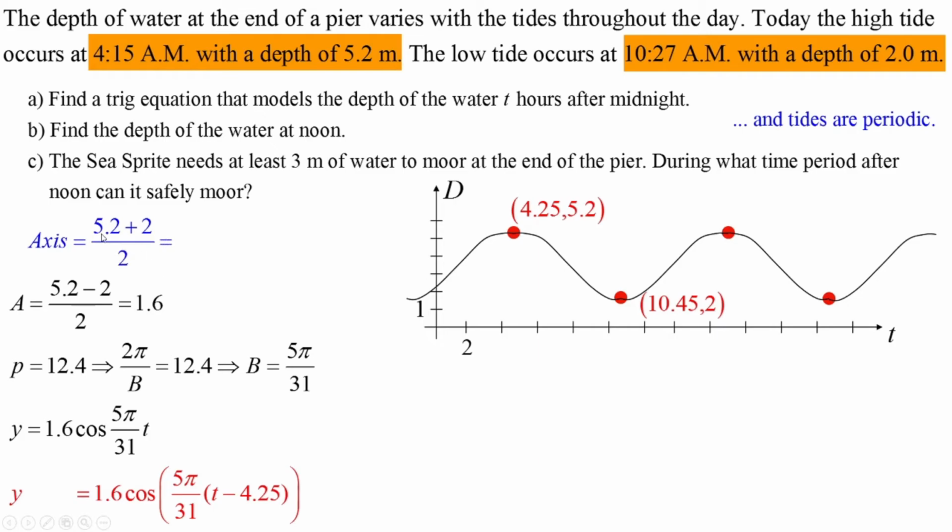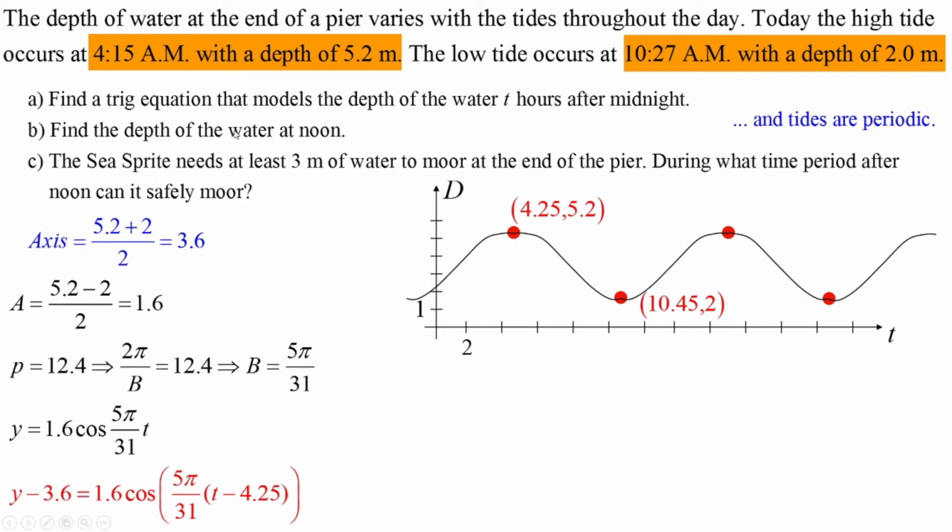And what does that equal? Well, 7.2 divided by 2, that'd be 3.6. So y equals 3.6 would be the horizontal line that goes right through the middle of the sine wave right here. So my cosine function has been translated 3.6 units up. Y minus 3.6. And that is the perfect equation for that story problem right there.